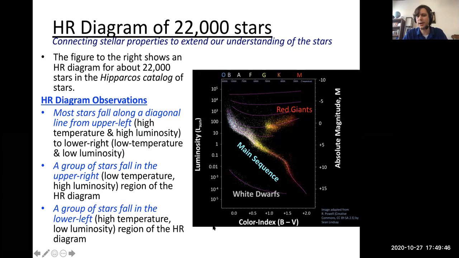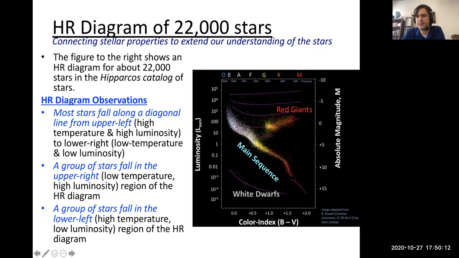And we were able to measure the color index as well because it had filters in it. So you could build your color index down here, which is a proxy for temperature, which is a proxy for spectral classes. So this satellite measured the temperature and the luminosity for 22,000 stars. And these are the results.